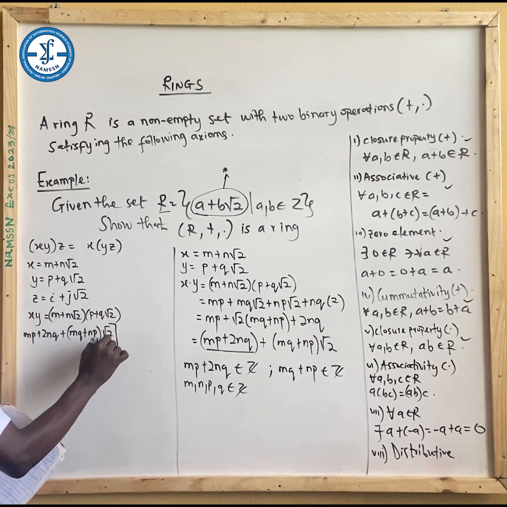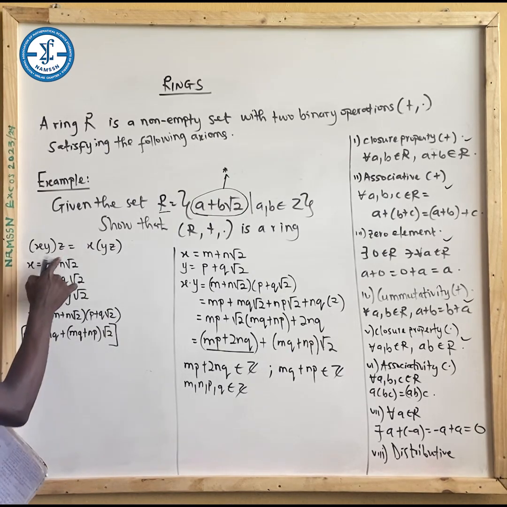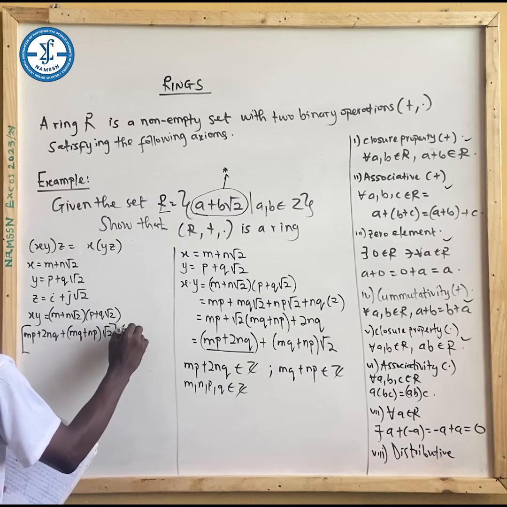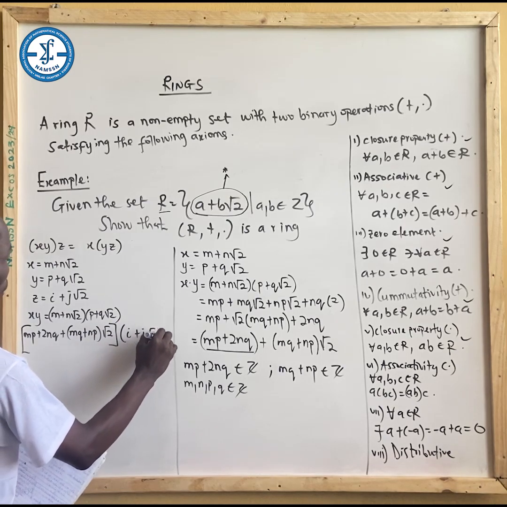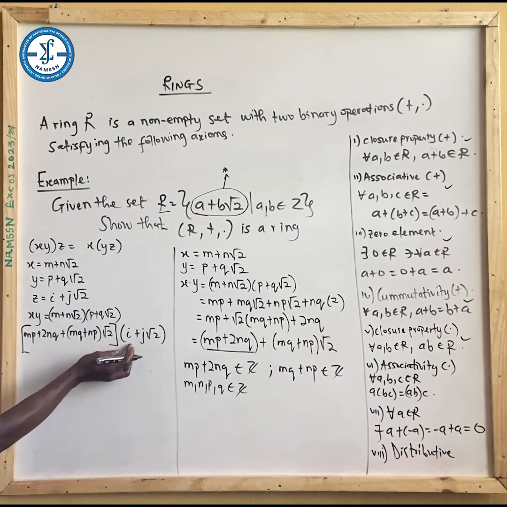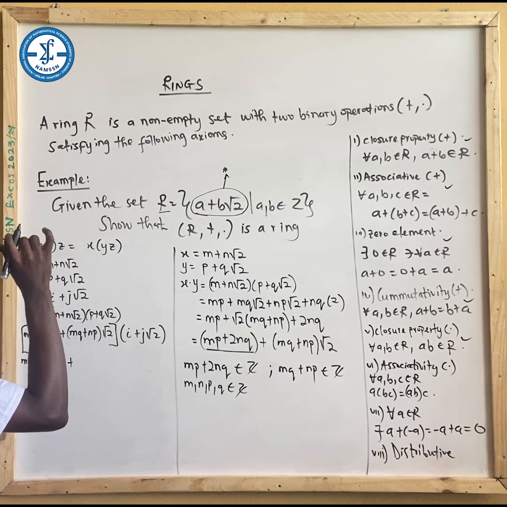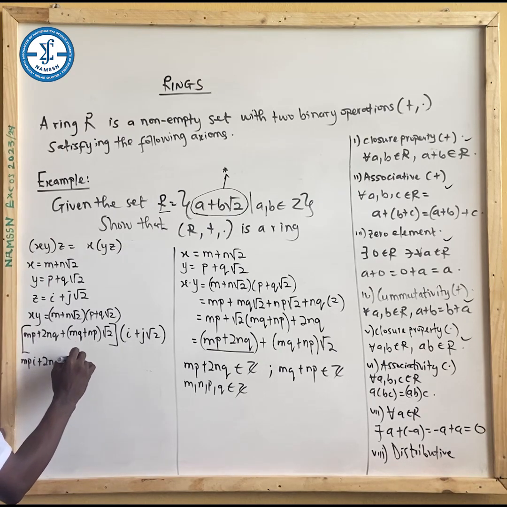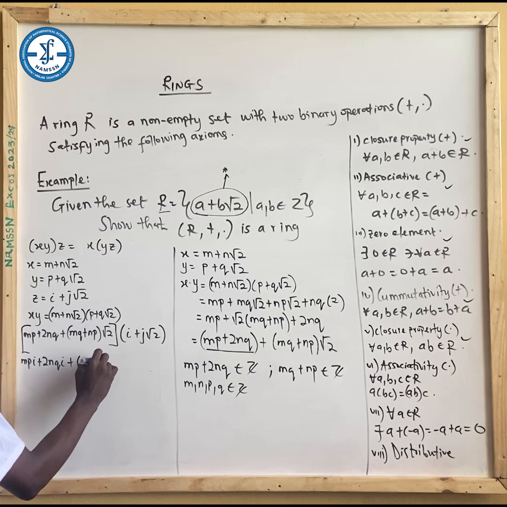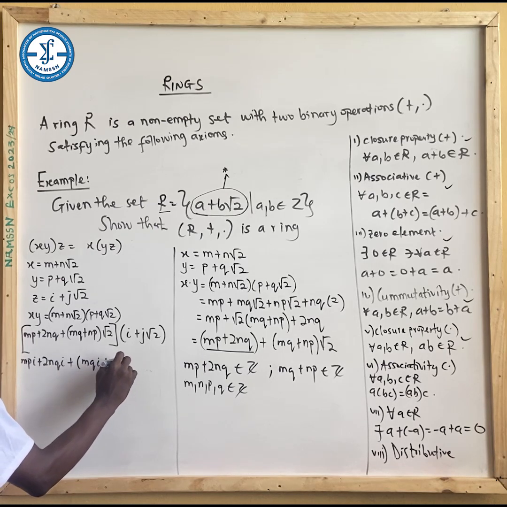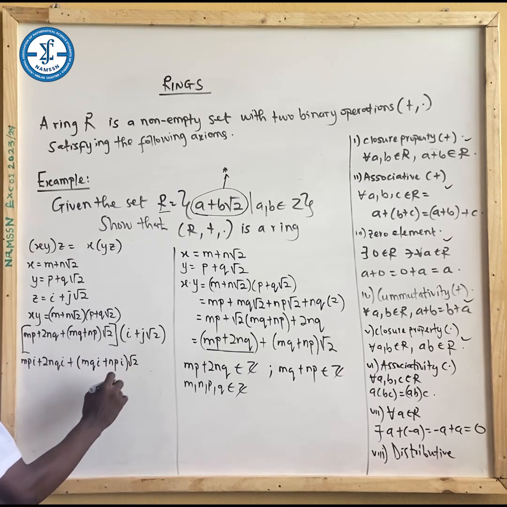Let's multiply it with z, which is i plus j root 2. So if I use i to multiply all of this, I will have npi plus 2nqi plus nqi plus npi root 2.